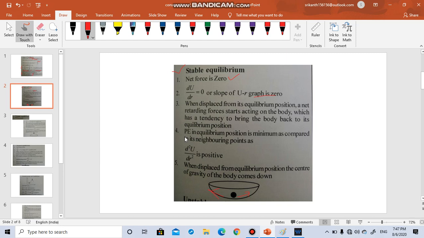So you can say that the potential energy at the equilibrium position is a minimum when compared to the neighboring points. So at this position of equilibrium, the potential energy will be the minimum.